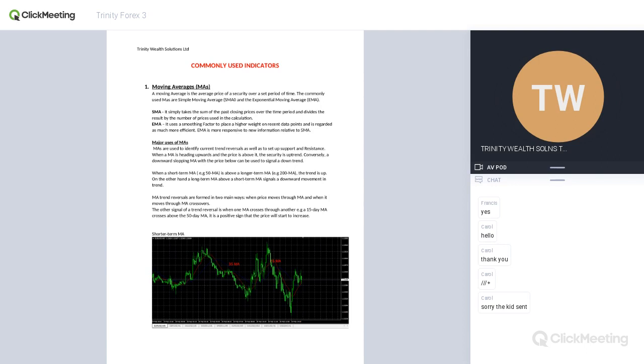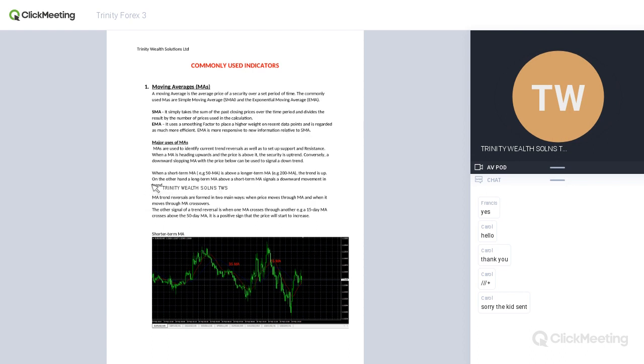EMA is more responsive to new information relative to SMA. Yeah, because it tries to give more weighting. You know, it is a weighted average. It gives more weighting to the most recent data than the previous one. So it responds to the most current data.